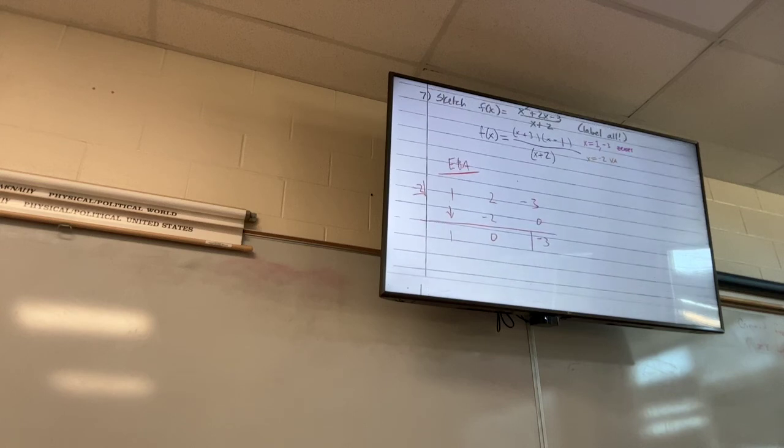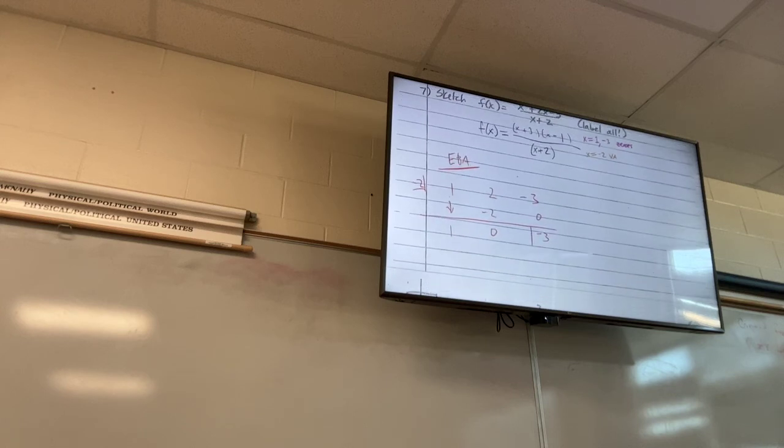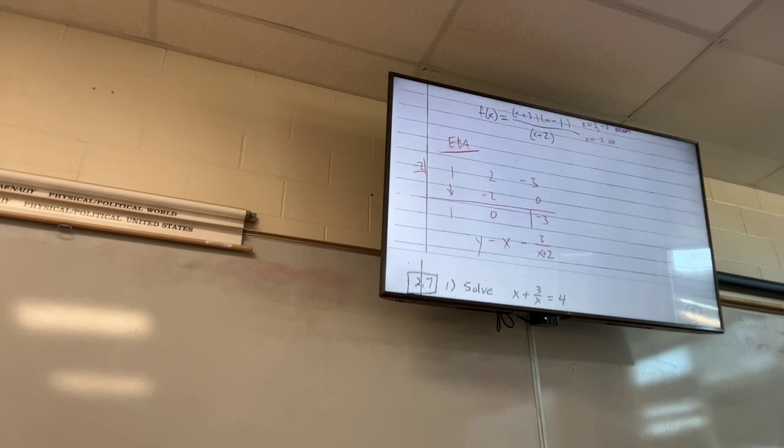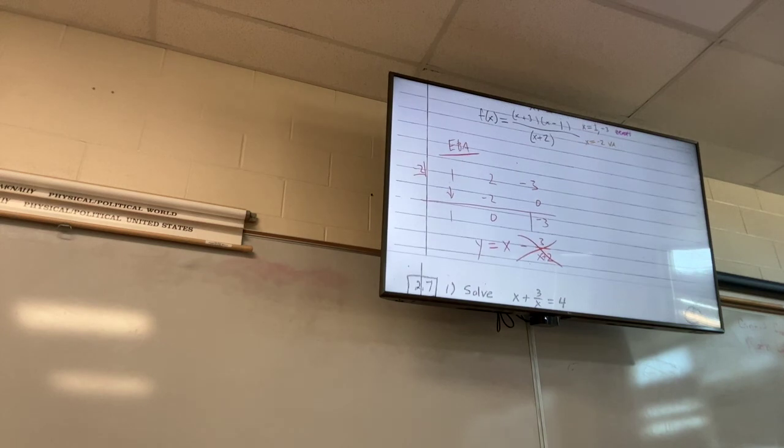Right, so if I divide it out, I get this result here: x minus 3 over x plus 2, right? So this is my oblique asymptote, except I ignore the remainder. So y equals x is my oblique, my end behavior asymptote. So let's graph this real quick.